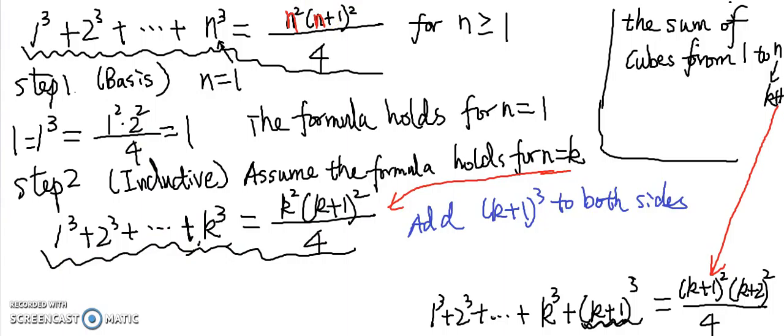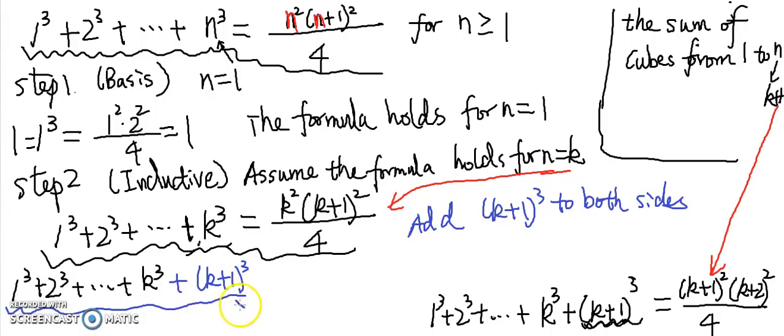Then we will get, let's copy the original left-hand side, 1 plus dot dot dot plus k cubed. So that's the original left-hand side. And now I'm going to add one more term to the left-hand side, k plus 1 cubed. Now when we look at the new left-hand side, that's exactly the left-hand side of the formula for n equal to k plus 1.